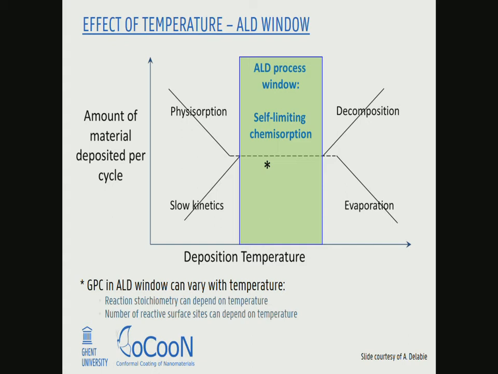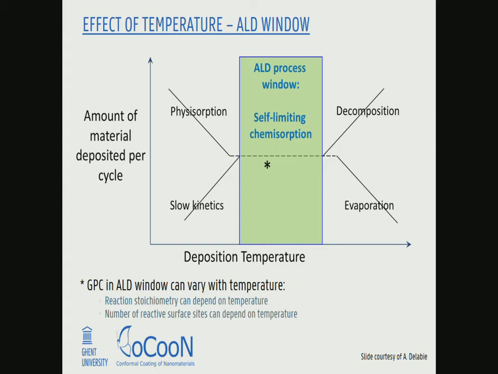They can go wrong because of four reasons typically mentioned in literature. They can go wrong if you're at too low temperature because you start to have uncontrolled physisorption, and you can say, okay, I have a much faster growth, which might look like an advantage, but unfortunately this is not controlled and will not be conformal, so this is not real ALD.